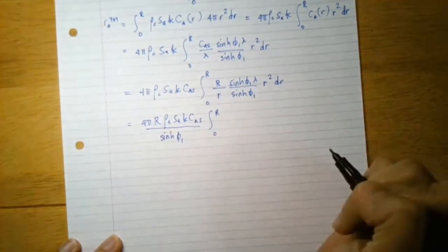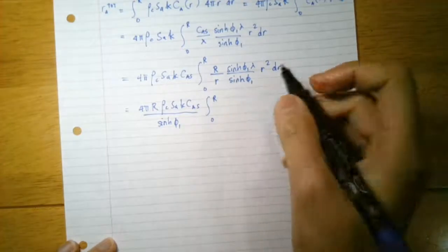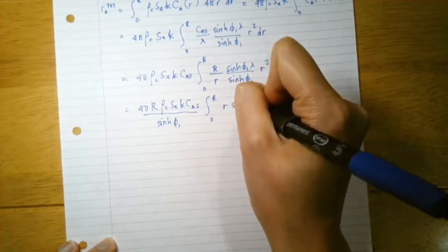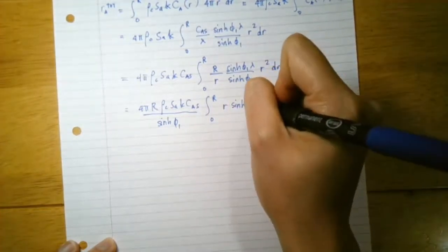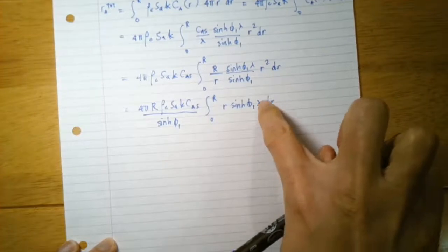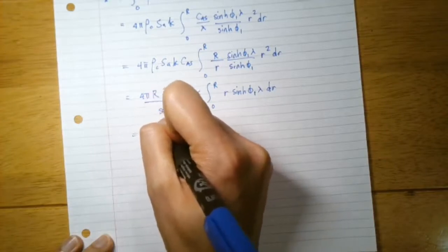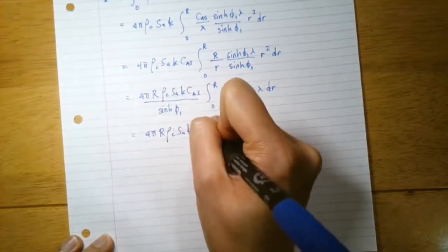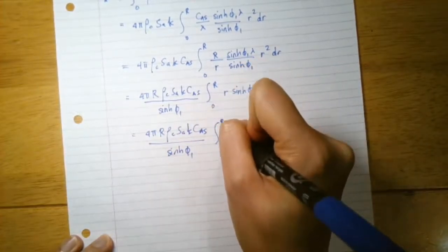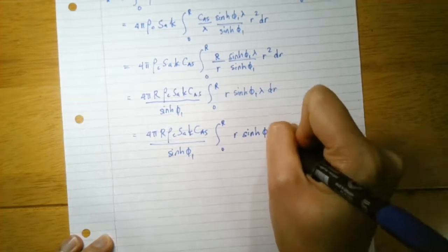The terms left inside are r squared divided by r, and then sinh phi 1 lambda, dr. I forgot to define this in terms of r, so let's do that in the next step: 4 pi R rho C, SA, K, Cas over sinh phi 1, integral from 0 to R of r sinh phi 1, where lambda is r over R, dr.